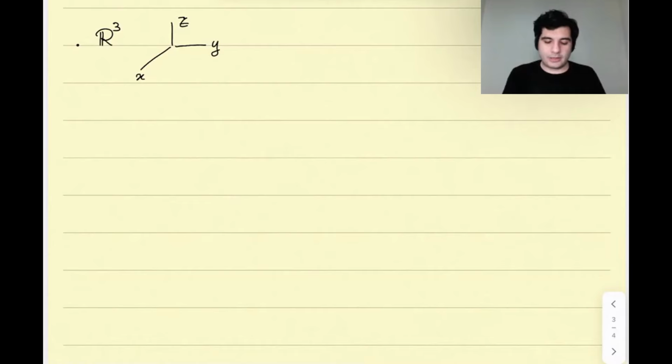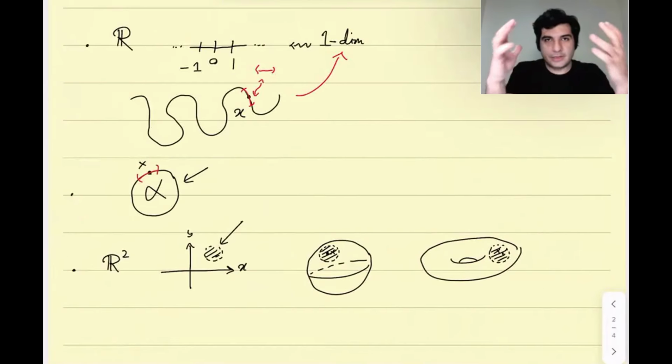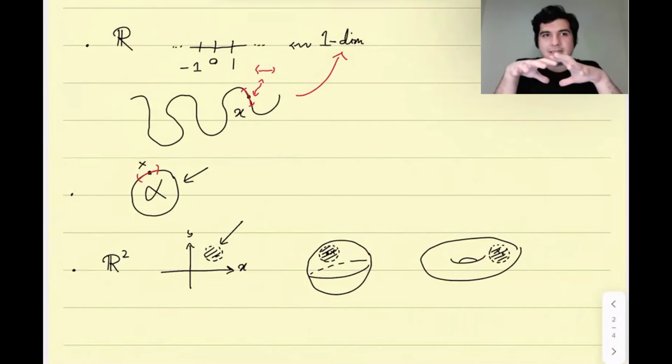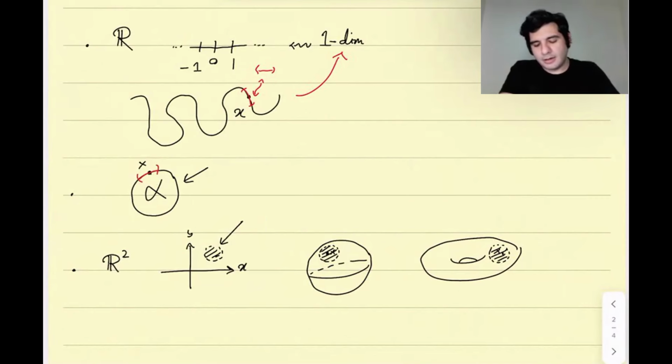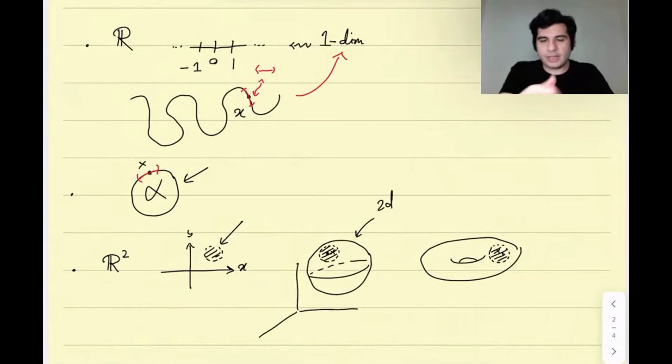When we were thinking about the surface of the Earth, which is a two-dimensional object, we think about it as something embedded inside three-dimensional space, right? So here our two-dimensional object is living in this picture inside R3.